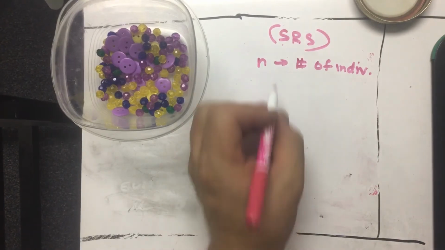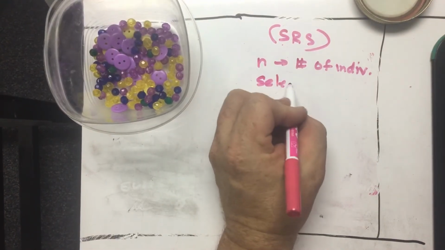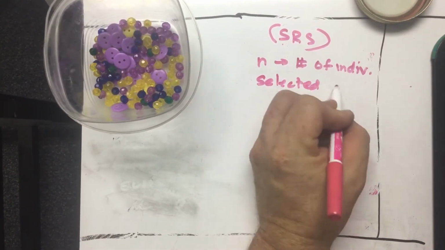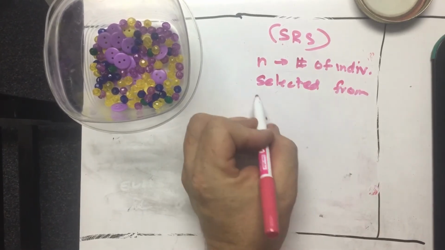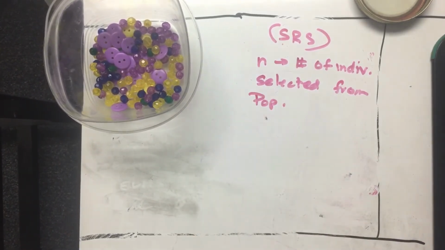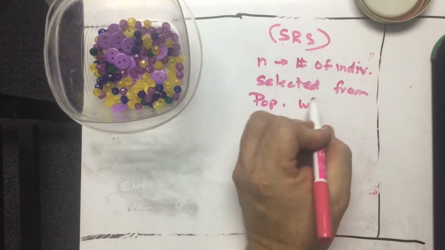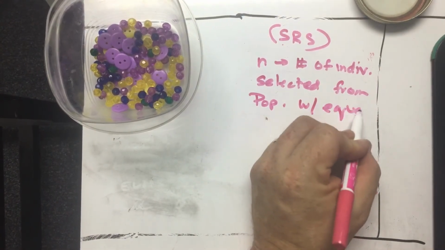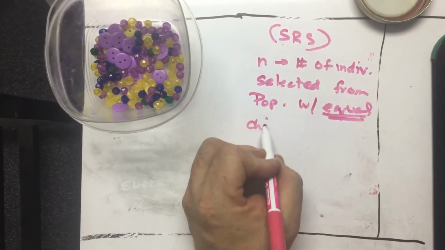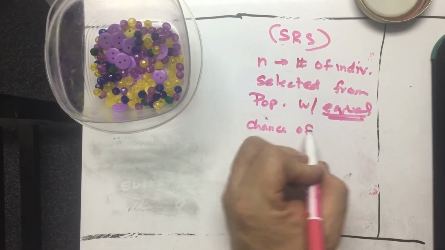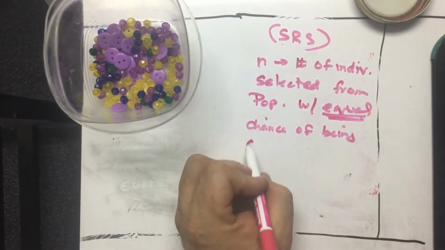Okay? Selected from a population with equal, here's the key part, equal chance of being chosen.